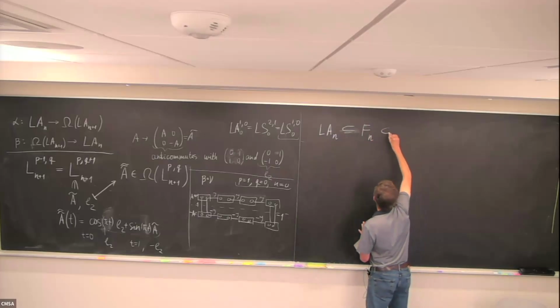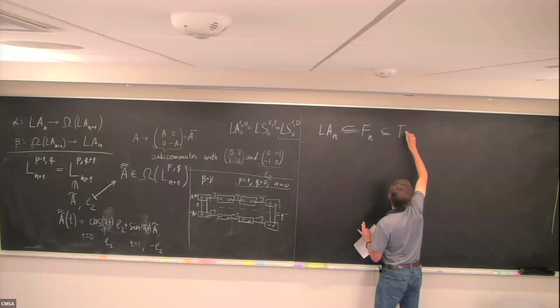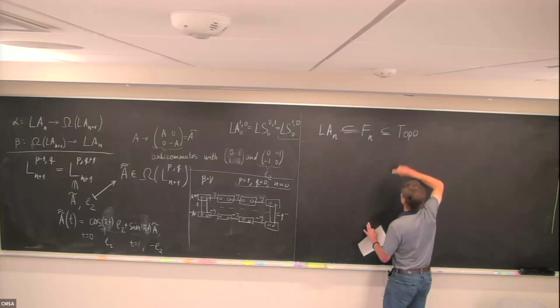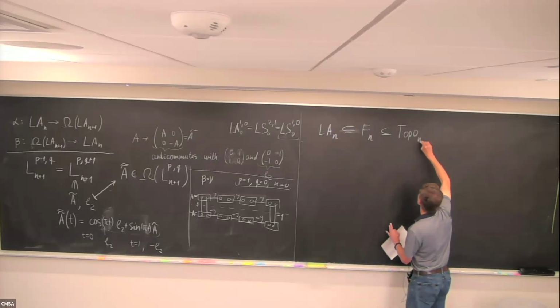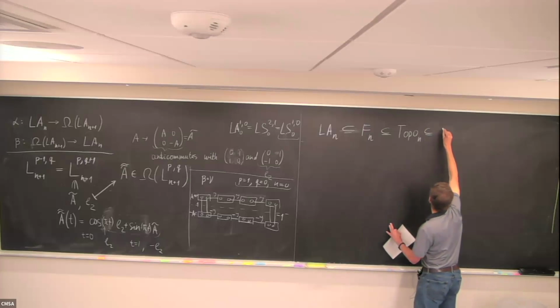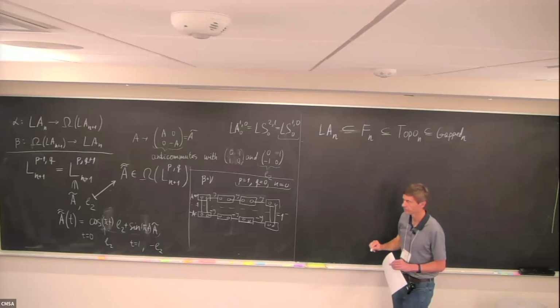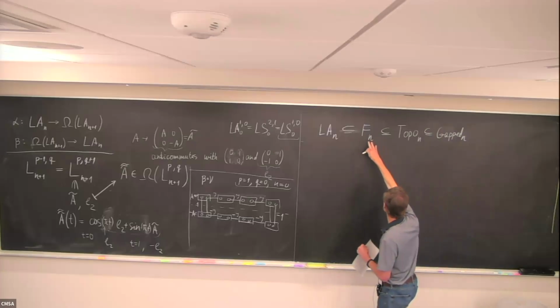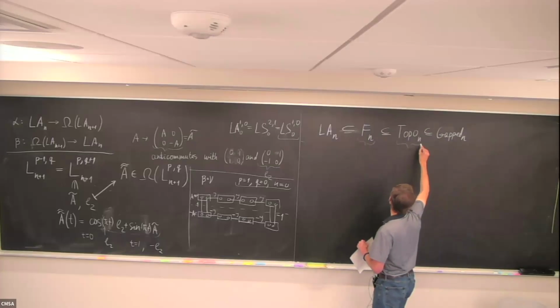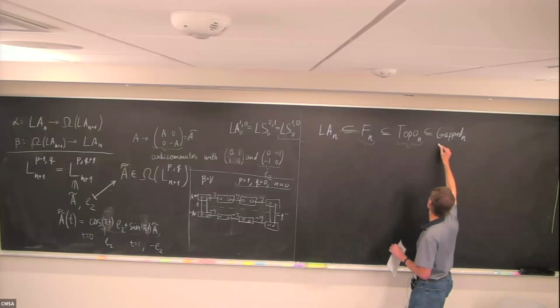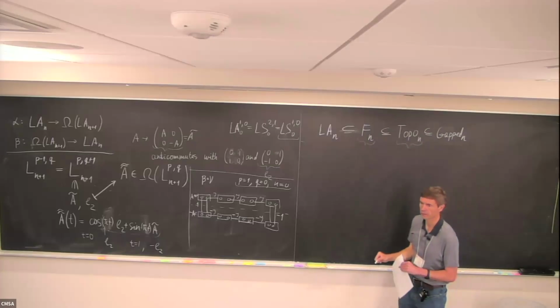And this is contained in topological systems in n dimension. That is contained in gap systems in n dimension. And I'll try to actually define these two things at the end of the lecture, and maybe say a bit about that.